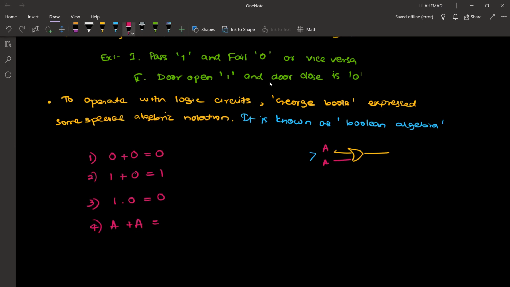Let's say A is equal to 1. Then this is 1, this is 1, then the output is 1. If A is equal to 0, then this is 0, this is 0, then the output is also 0. So A or A, the output is A.